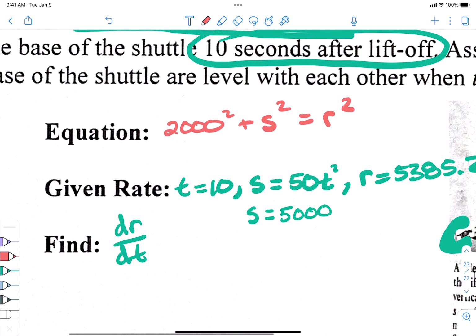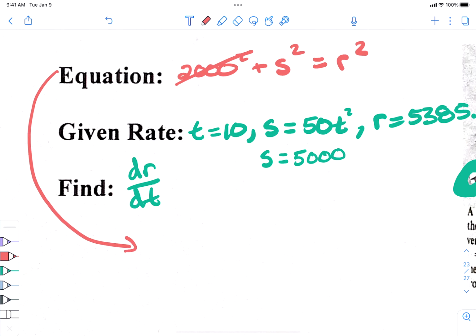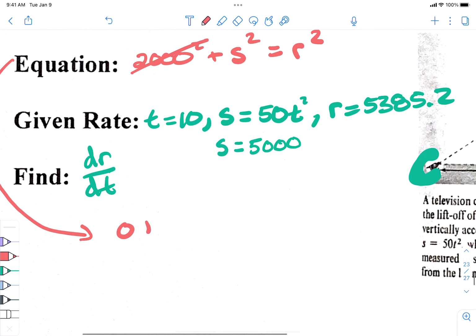So these are going to be our variables. 2,000 can get plugged in, right? And we don't care what it is, because it's going to end up being 0 when we take its derivative, so I'm going to do that down here. 0 plus, there is one thing that we're still missing, but we'll get to that. 2S ds dt equals 2r dr dt.